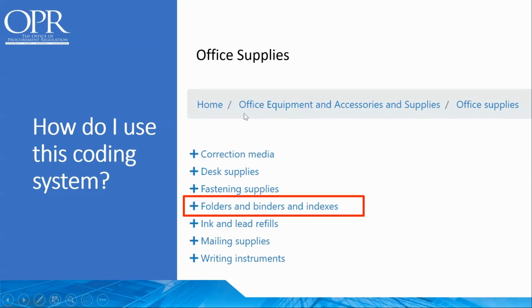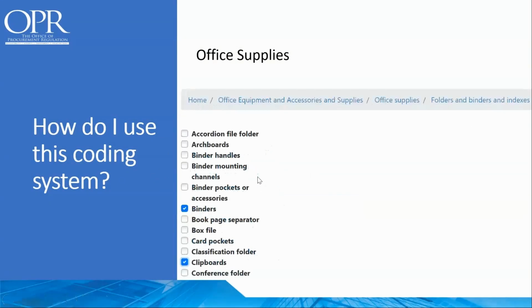And also note at the top, the previous hierarchy levels are always maintained. So we will see the first level being office equipment and accessories and supplies, level 1, level 2 being office supplies. And now at the third level, we can drill down to the 4th level.